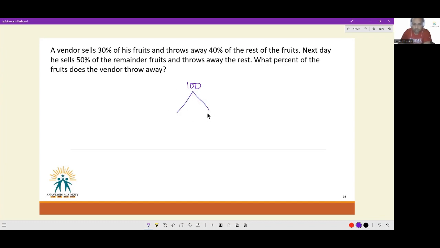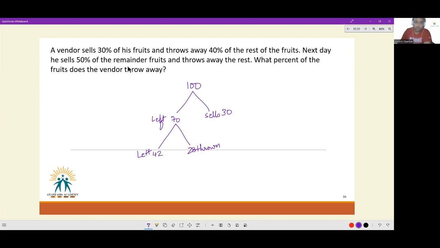So he sells 30 and is left with 70. Out of this 70, he throws away 40%. So 28 thrown, left 42.